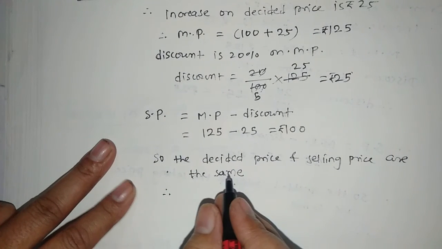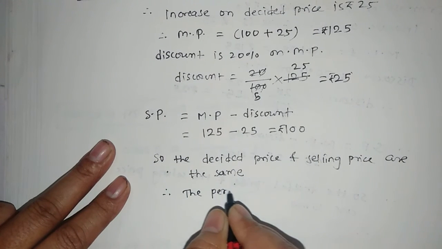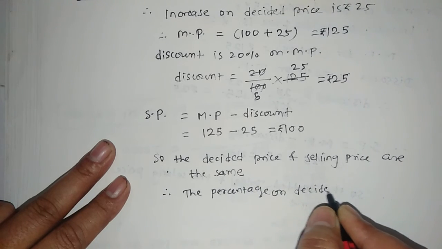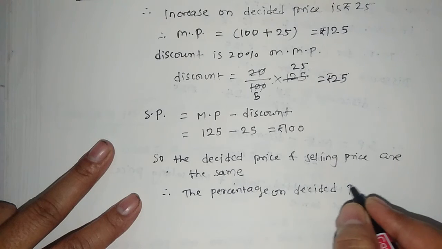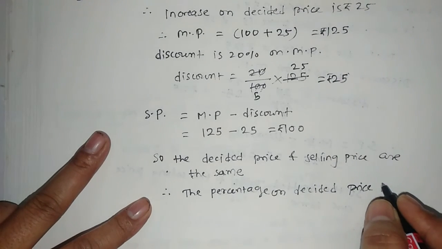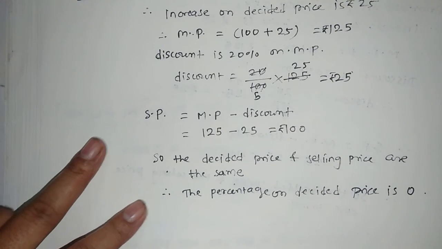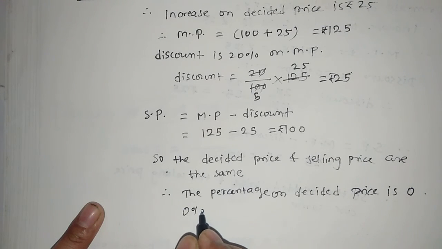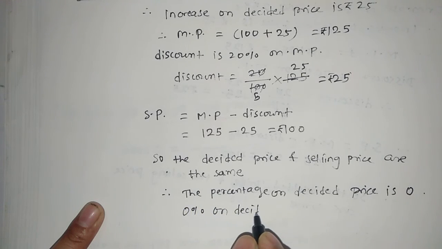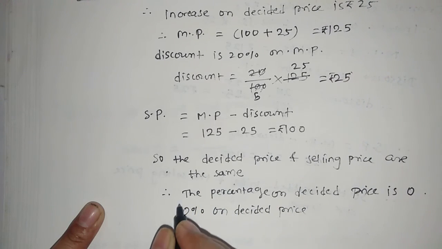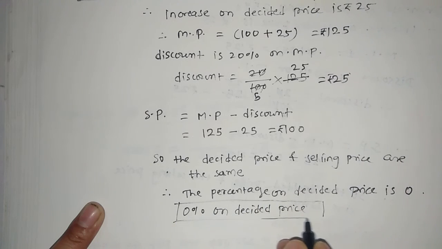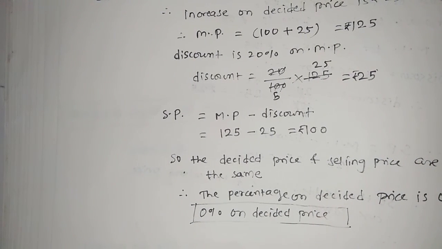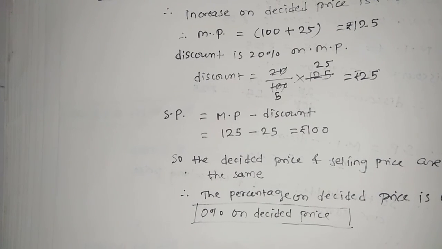Therefore the percentage on decided price is 0. Correct? 0% on decided price. No profit, no loss. And this is the answer. We got the 0% on the decided price.